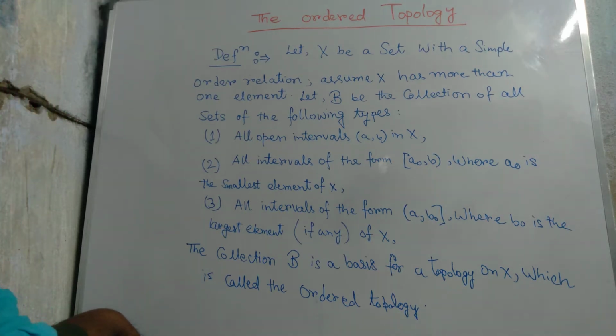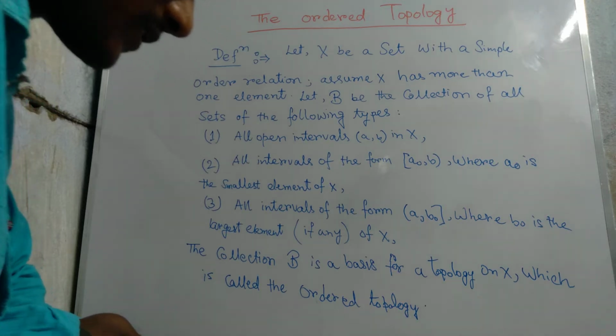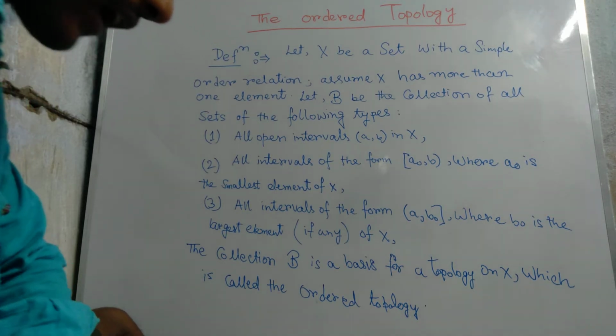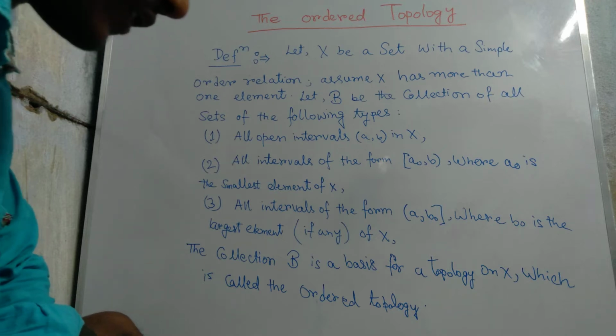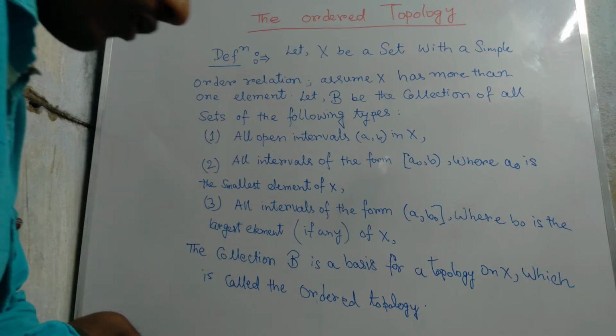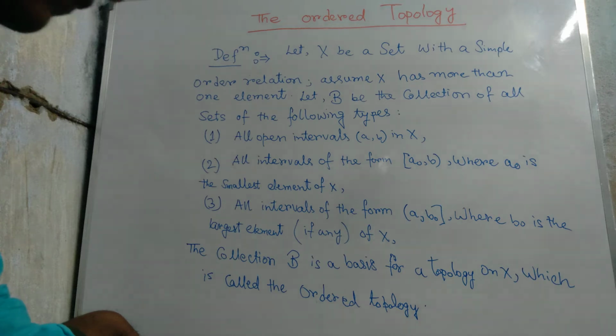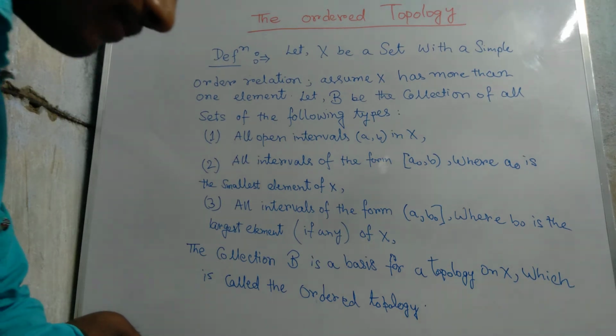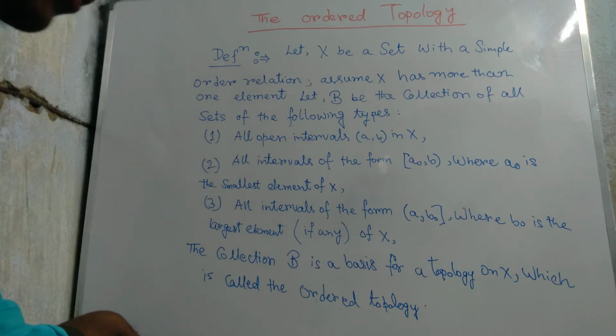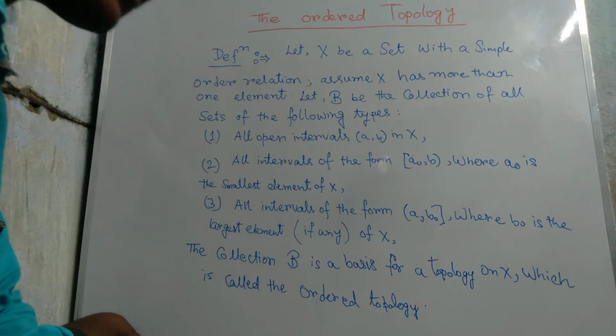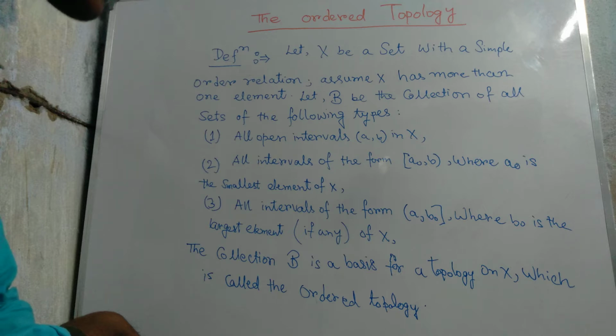Also we defined basis and then subbasis. What is a subbasis? A subbasis is a collection of subsets of X whose union equals X, and a basis element is a finite intersection of subbasis elements. The topology is the union of basis elements, that means the union of finite intersections of subbasis elements.